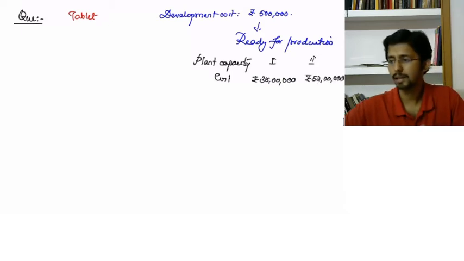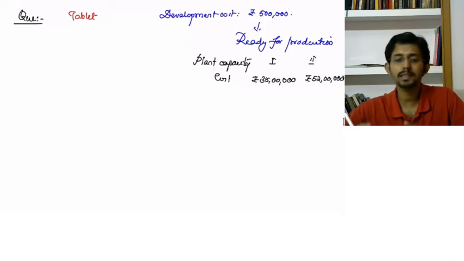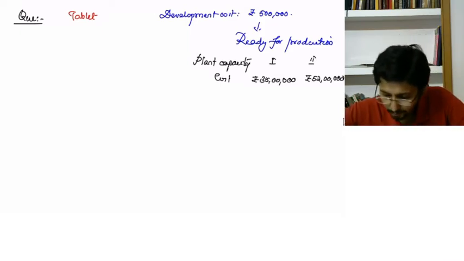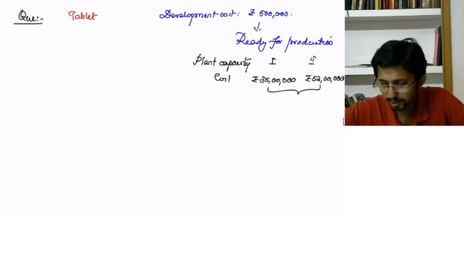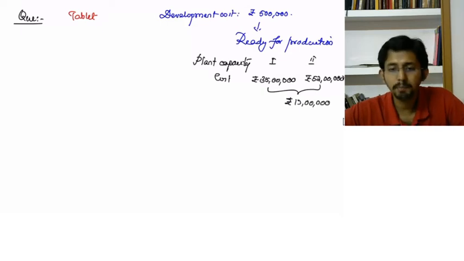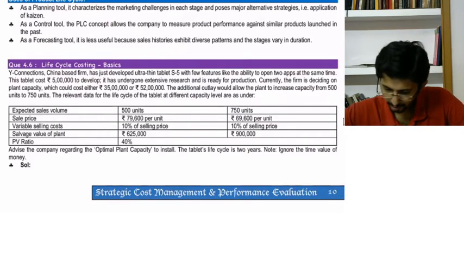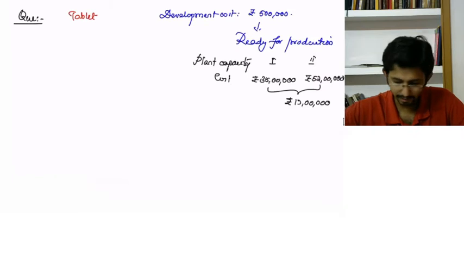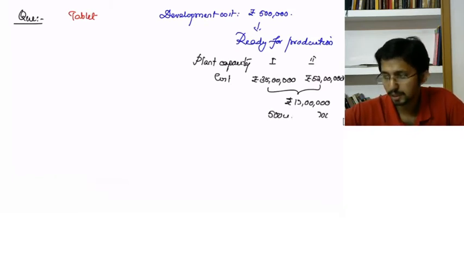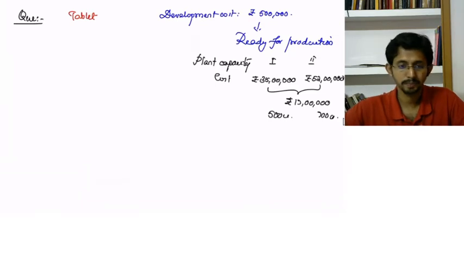Now the additional investment of 17 lakhs would allow the plant to increase the capacity from 500 units to 700 units production.